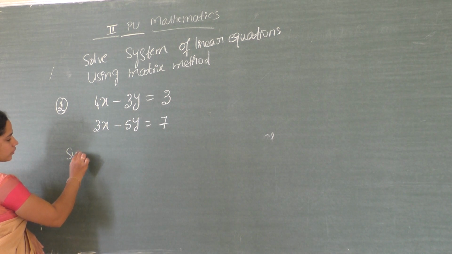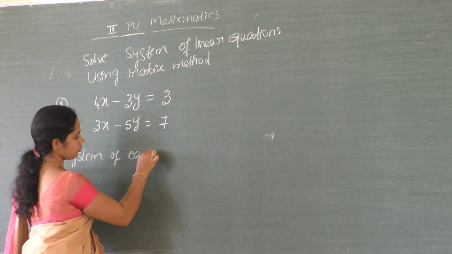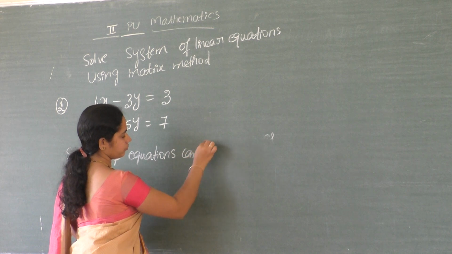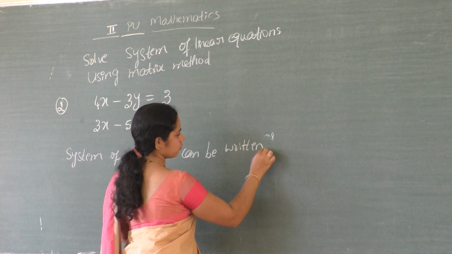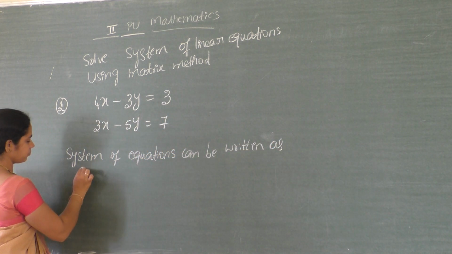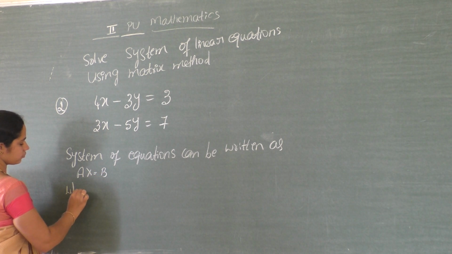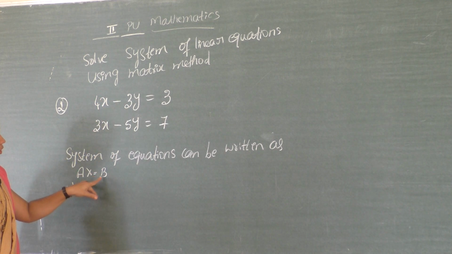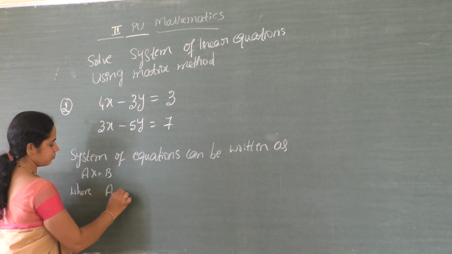First, write system of equations. System of equations can be written as AX equal to B. This system of equations can be written in the form of AX equal to B, where what is A?